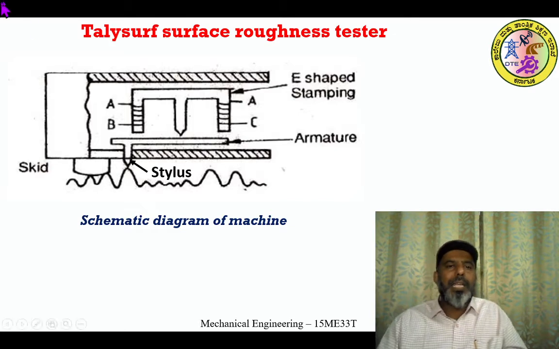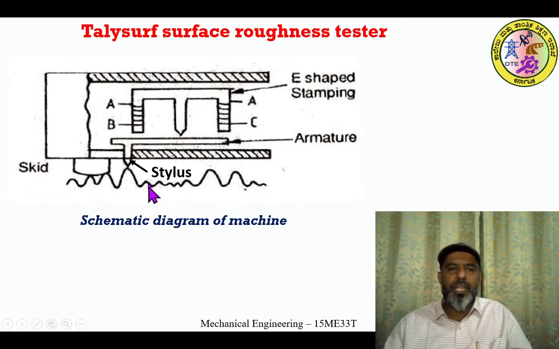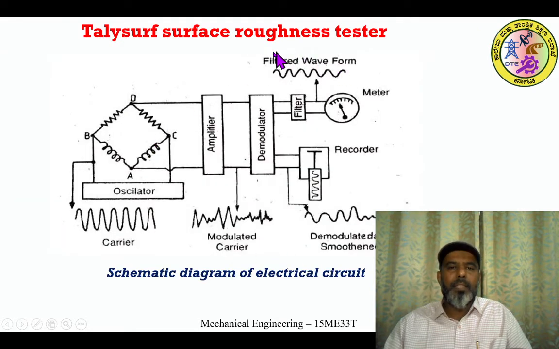And this Talysurf surface roughness instrument has 5 main parts. One is the stylus, second is the skid, third is the armature, fourth is the E-shaped stamping. And this diagram indicates the schematic diagram of the machine. And this is the electrical circuit for the movement of the stylus and the armature.